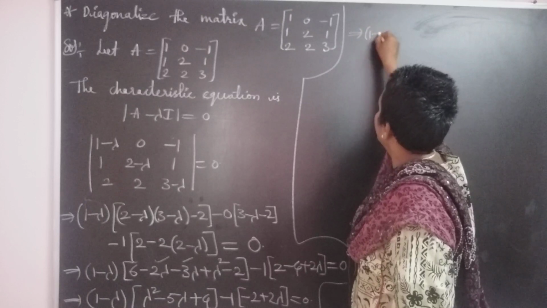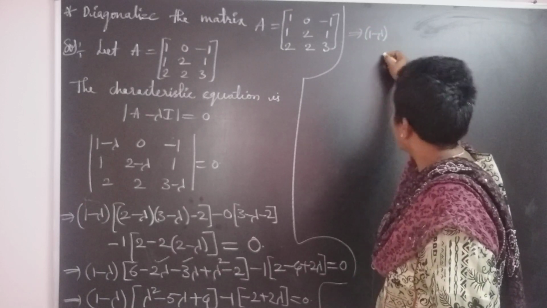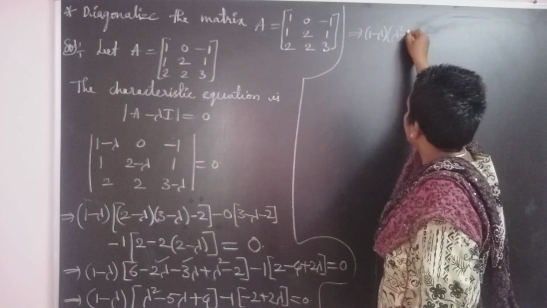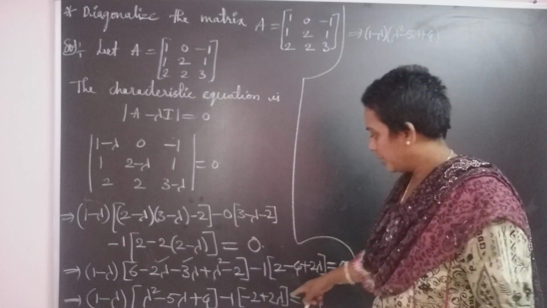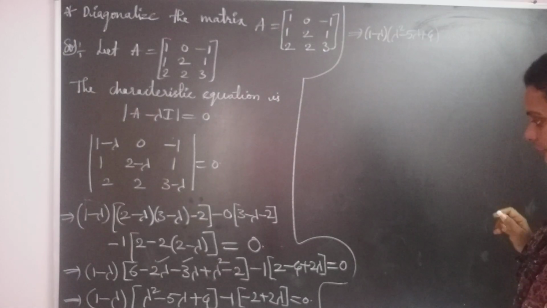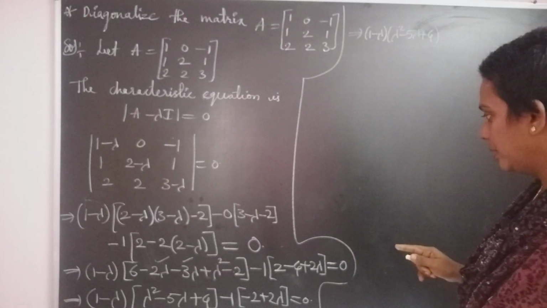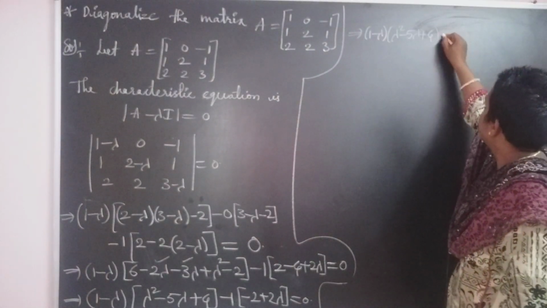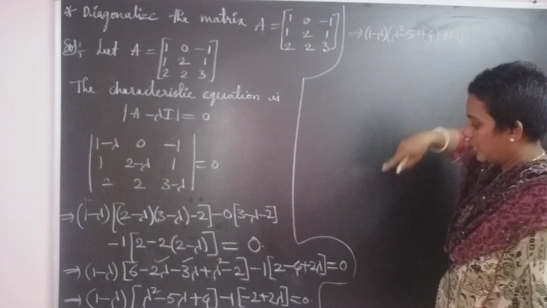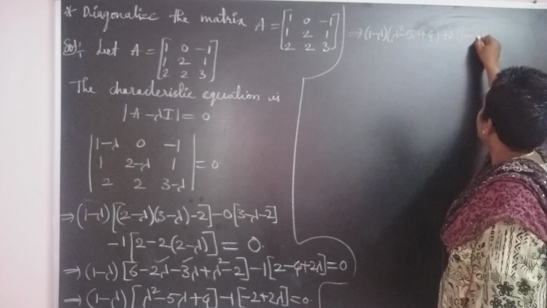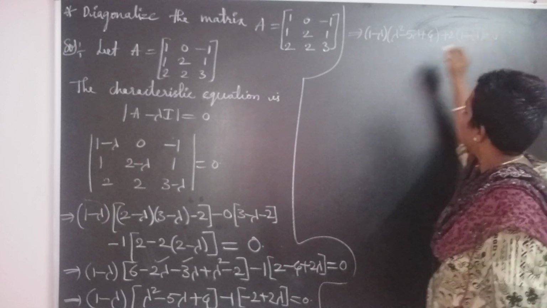This implies 1 minus lambda into lambda square minus 5 lambda plus 4. In the second term, we take minus 2 common, giving 1 minus lambda equal to 0.